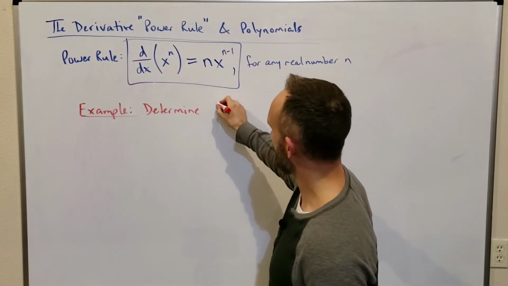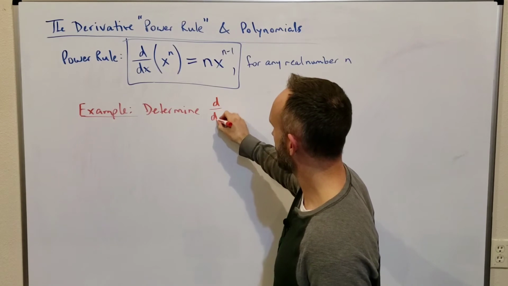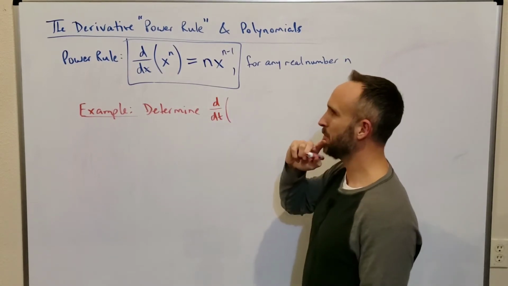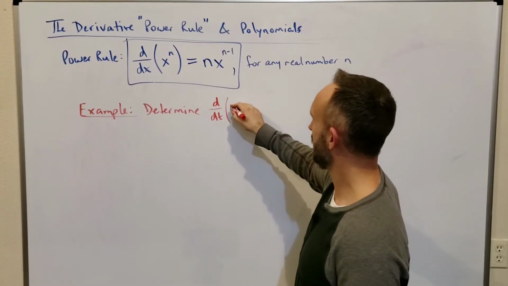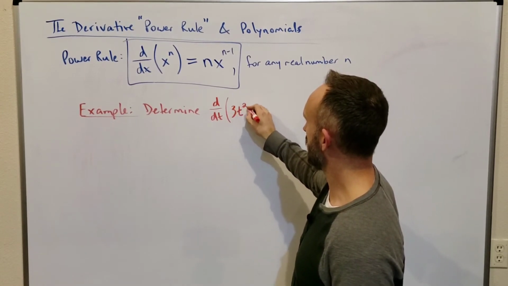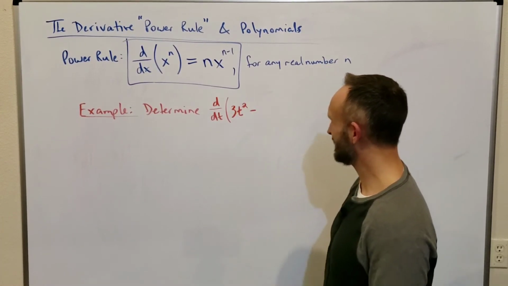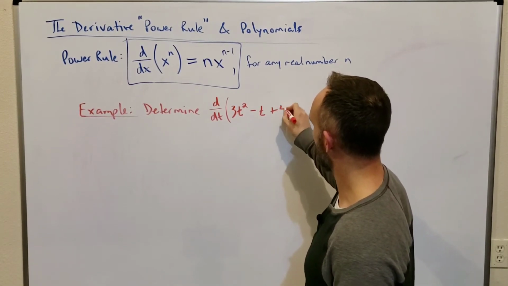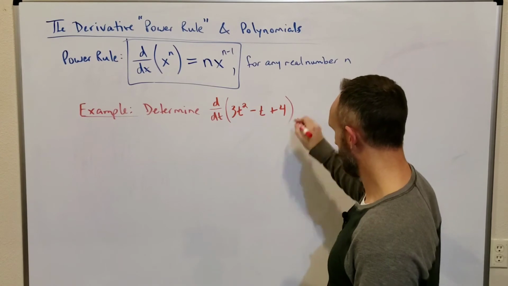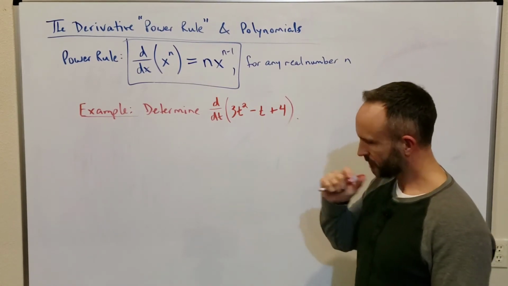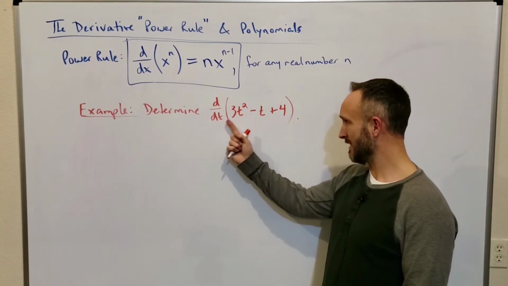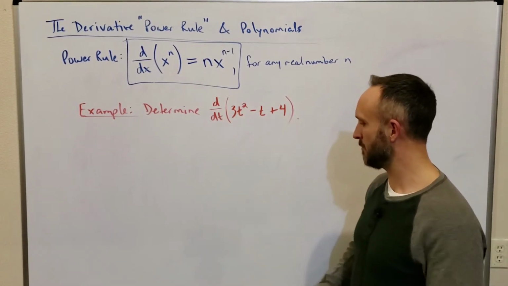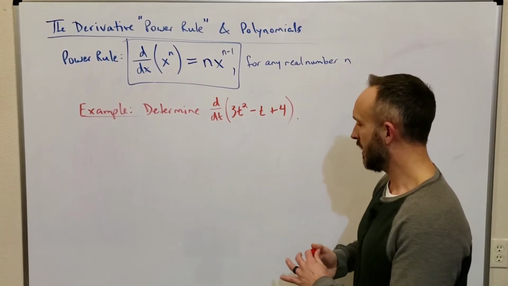Let's say I want to determine d dt of, how about, 3t squared minus t plus 4. Okay. So I want to differentiate this function with respect to the variable t. So t is my variable now.